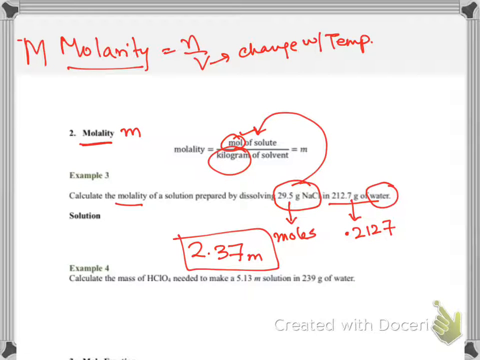Your moles should come out after you divide by the molar mass of NaCl, which is 58.5. It should be 0.505 moles divided by these many kilograms, which should give you molality. Now, there are so many factors here. Here's the molality, here's the moles, kilogram of solvent.